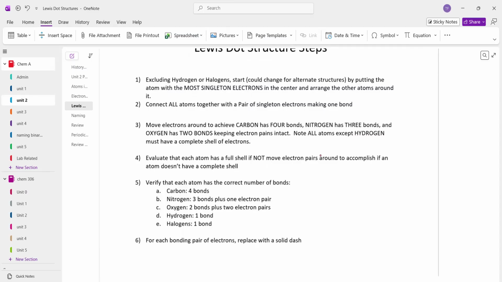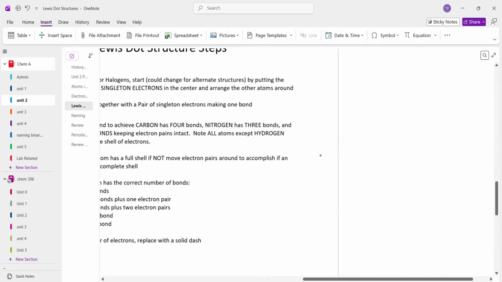Now, carbon's got 4 singletons, 4 bonds. Now, it can have 4 single bonds, or 2 double bonds, or a triple bond and a single bond. Total of 4, though. Okay, then let's start and put that together. So let's put it right up here.